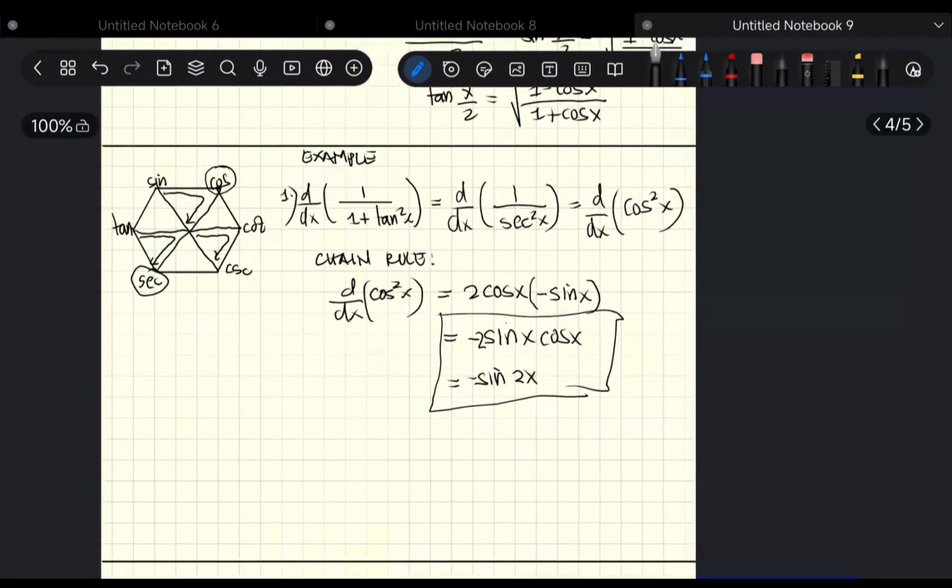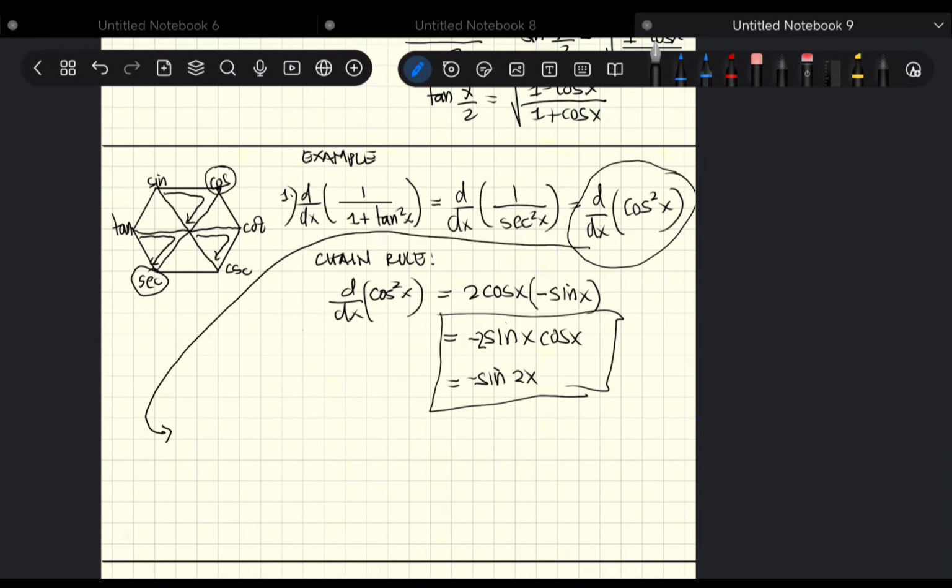There is also another method for this. Using half angle identity, we all know that cos squared x is equal to 1 plus cosine 2x all over 2.